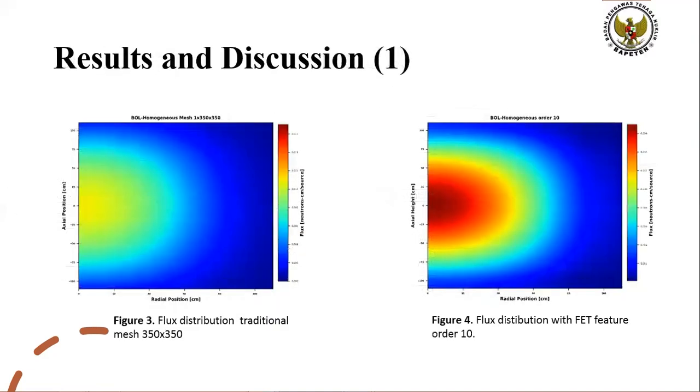Result and discussion. Figure 3 and Figure 4 show the comparison of axial and radial flux distribution between traditional mesh 350 by 350 and functional expansion feature order 10. From this figure, we understand that the radial and axial Zernike polynomial in functional expansion tally gives smoother flux distribution than the traditional mesh tally.